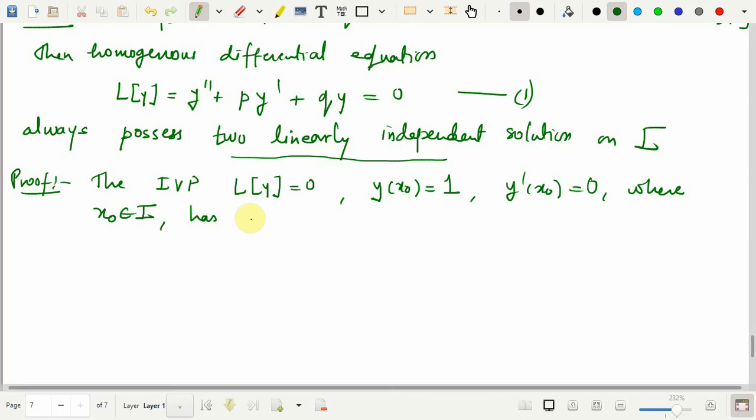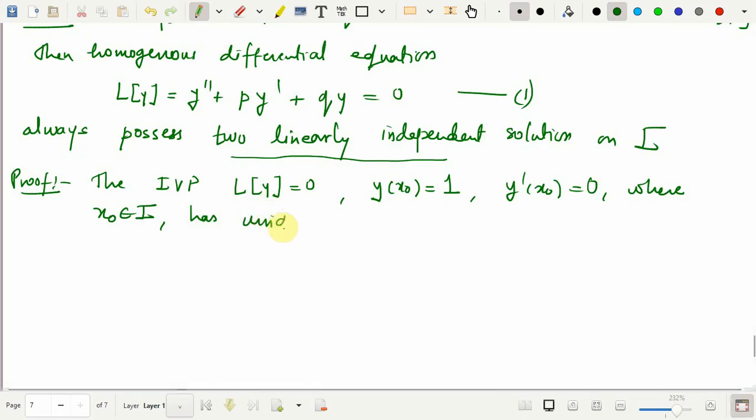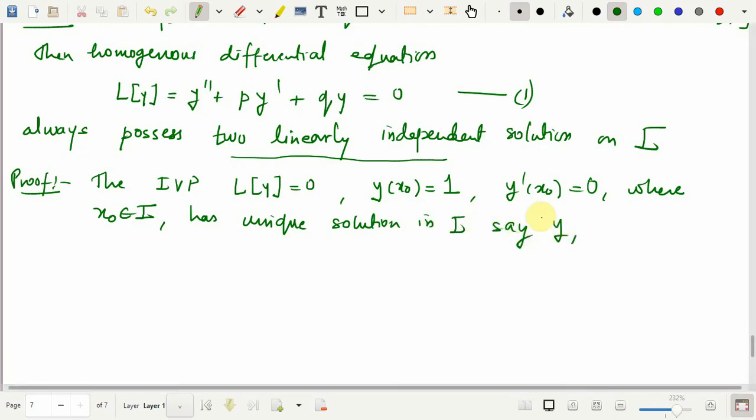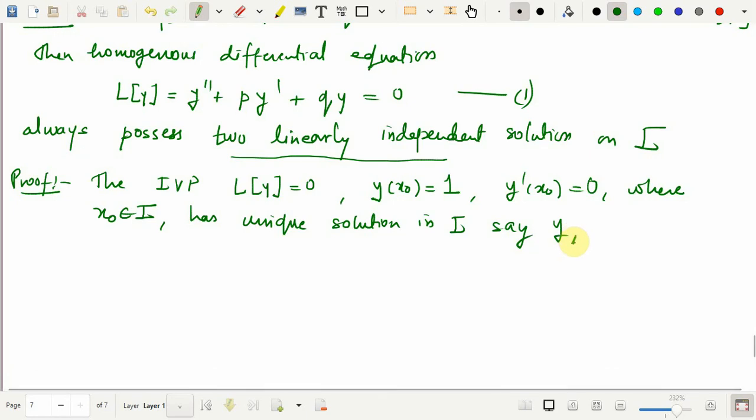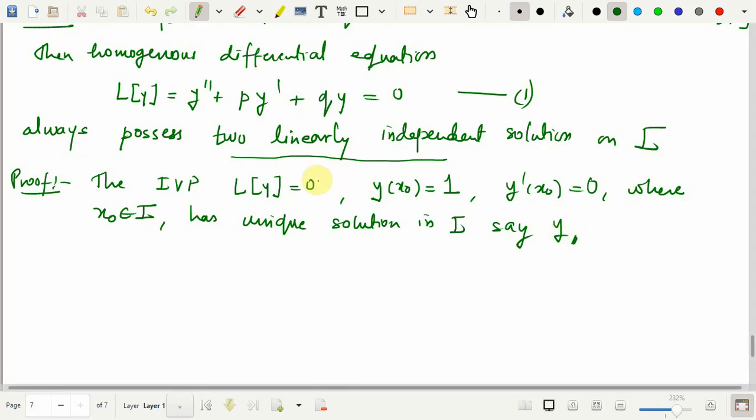has a unique solution in I, say y1. I'll call the solution to be y1. I'm considering this as the initial value problem L of y equal to 0, with this condition y of x naught equal to 1, y prime of x naught equal to 0. The reason is that I am trying to generate two solutions which are linearly independent.